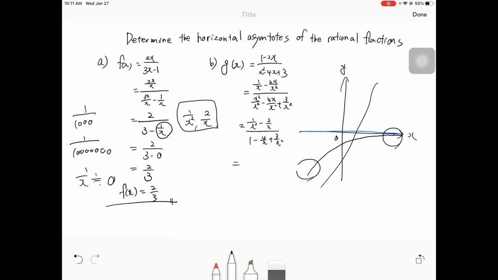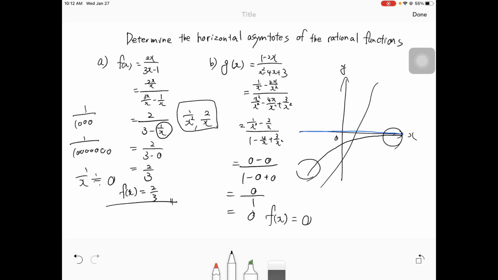So you can regard them as 0. 0 minus 0 over 1 minus 0 plus 0, which is 0 over 1. It's 0. So the horizontal asymptote is y equals 0.